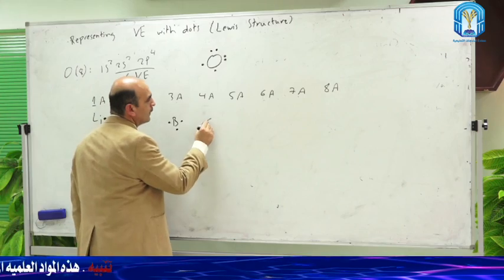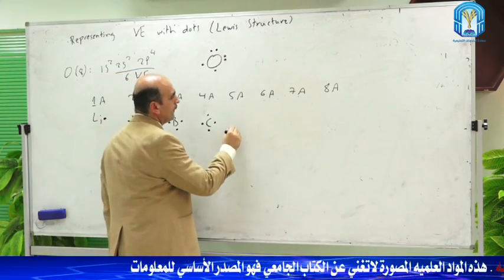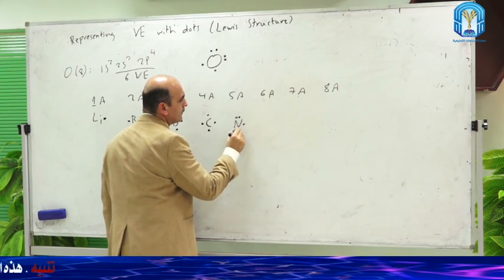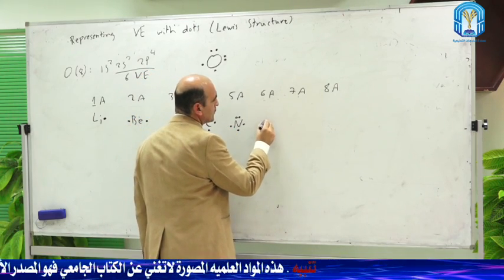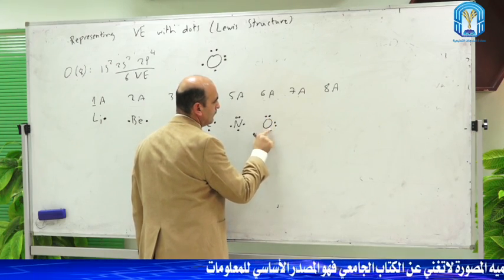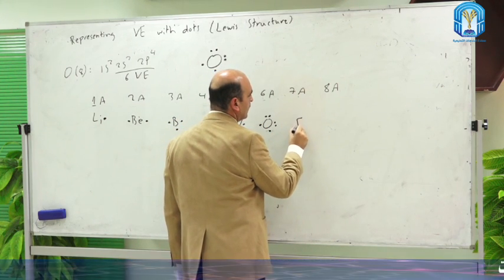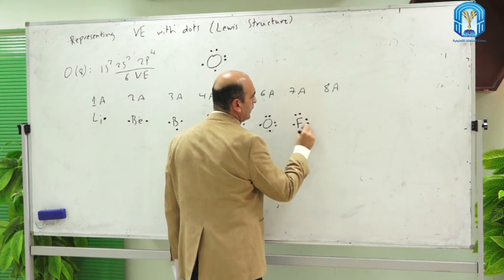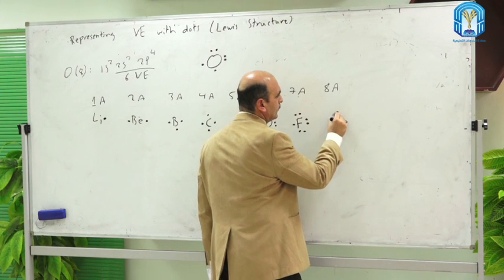And carbon in 4A, it has 4 valence electrons. And nitrogen in group 5A, it has 5 valence electrons. And in group 6A, we have oxygen, 6 valence electrons. And in group 7A, fluorine, it has 7 valence electrons. And neon in group 8A, it has 8 valence electrons.